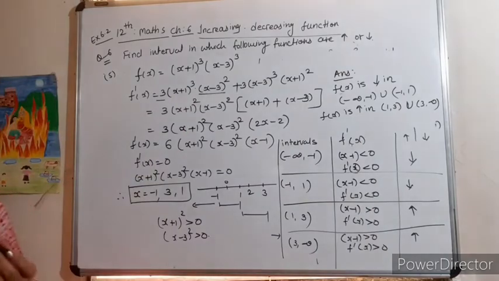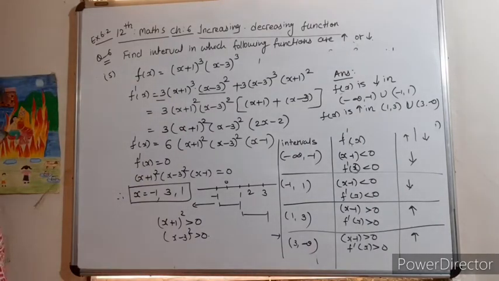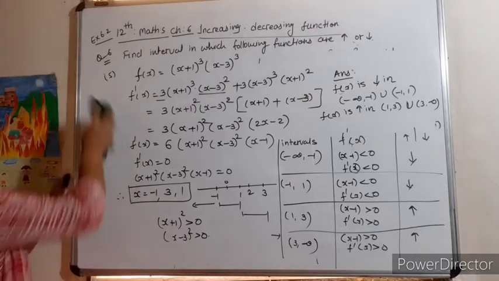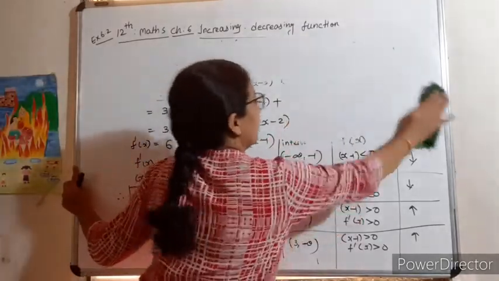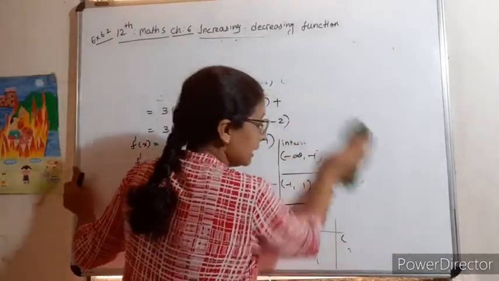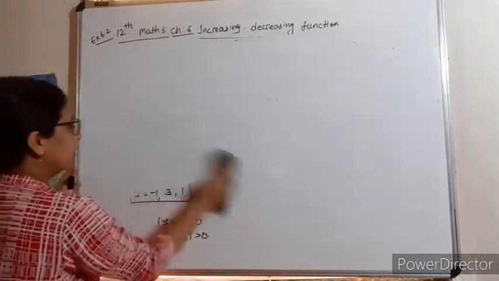Like this you can write the final answer of increasing and decreasing function. Right? This is all about the question number 6. If you have done it, then you just check, or not done, then you will do it. Okay? Now we'll go ahead with the question number 7.